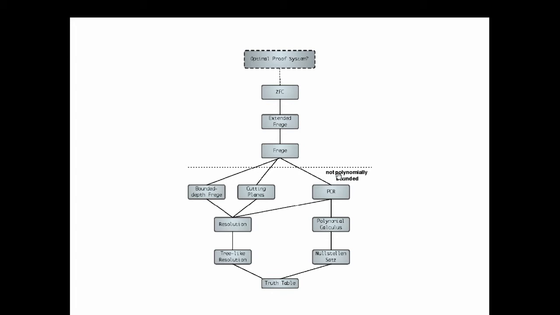Speaking of complicated, let's talk about these algebraic proof systems. So what are these? Okay, so the idea here is that these proof systems work by taking propositional logic and converting it into algebraic equations using polynomials and using polynomial arithmetic.